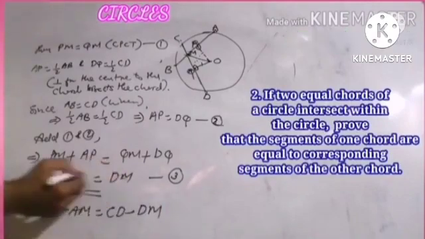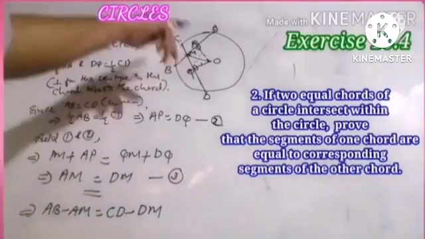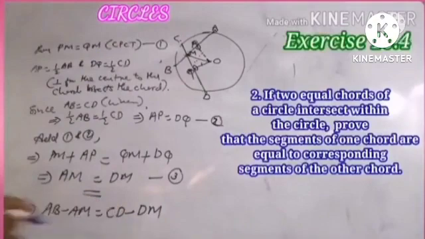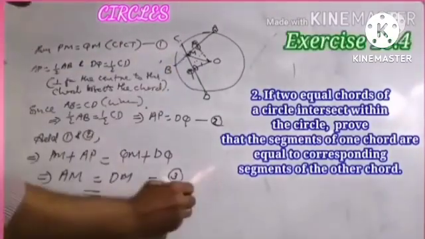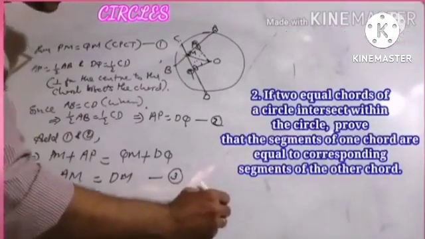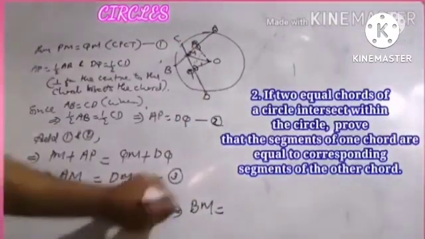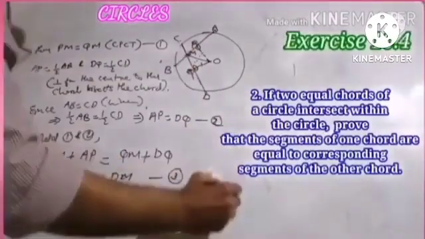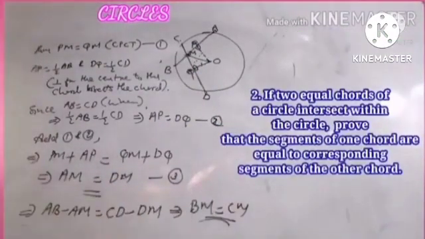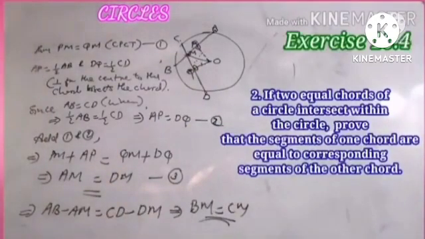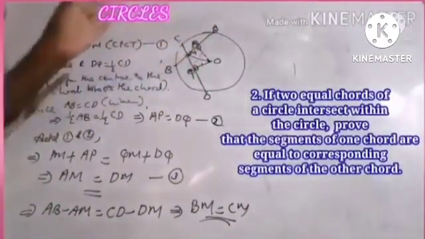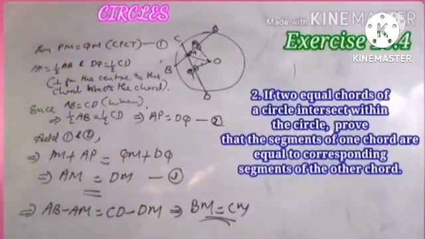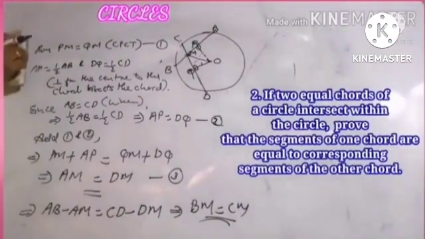We subtract these equals from already equal chords. What is AB minus AM? BM, equal to CD minus DM, which is CM. First we prove AM and DM are equal, then subtract those equals from the equal chords. Then the answer is over. Question number 2 completed.